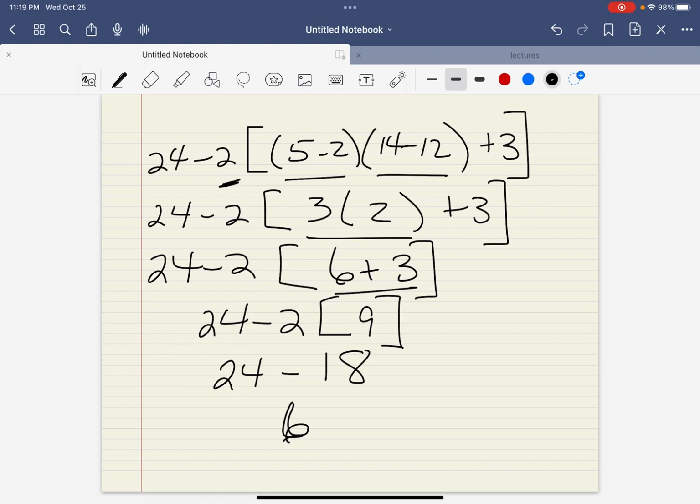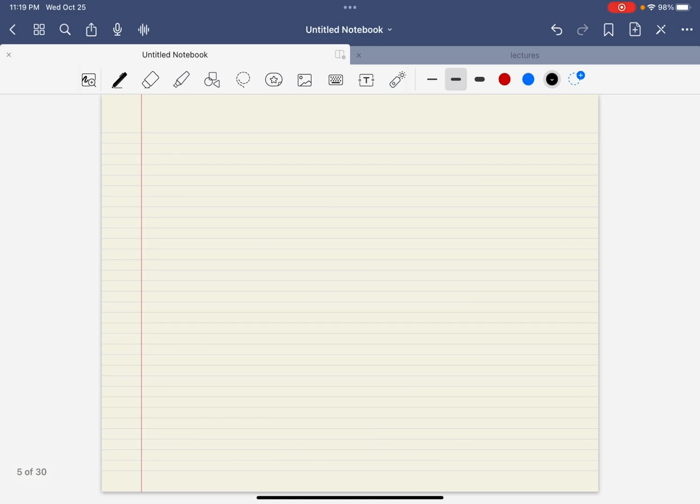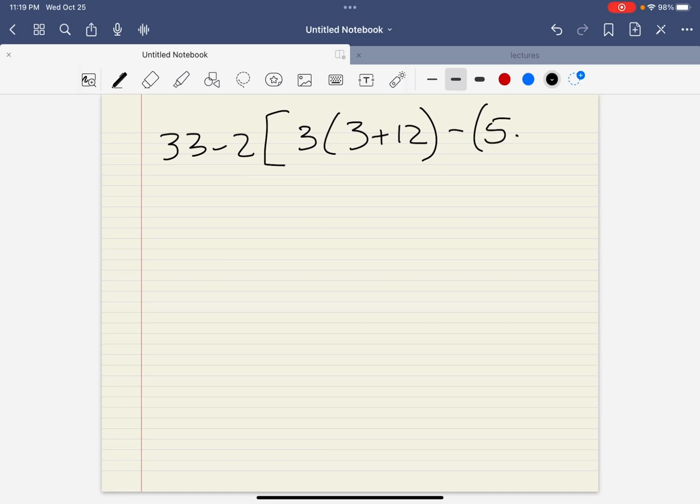Okay, now turn over to page 140. Couple more. So this one is 33 minus 2 bracket 3 parentheses 3 plus 12 minus bracket 5 times 2 parentheses 3, bracket.